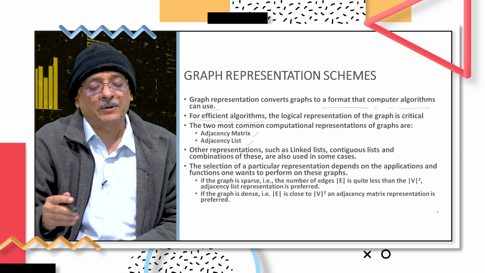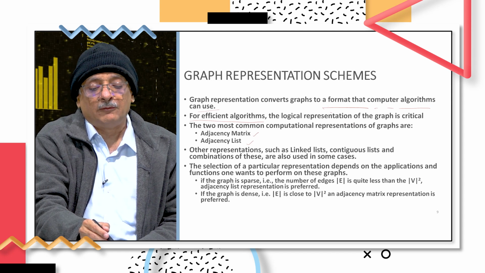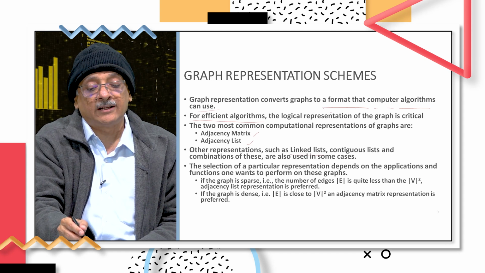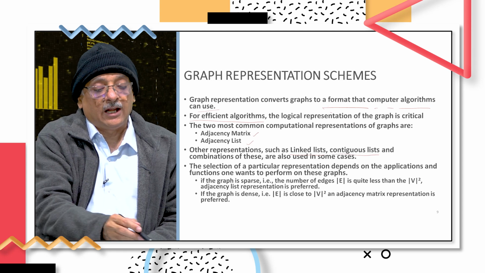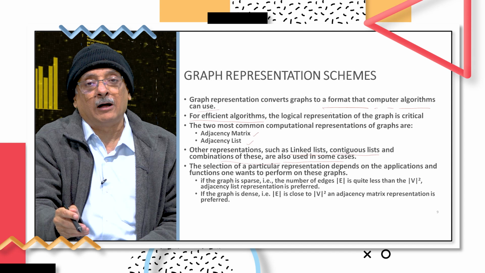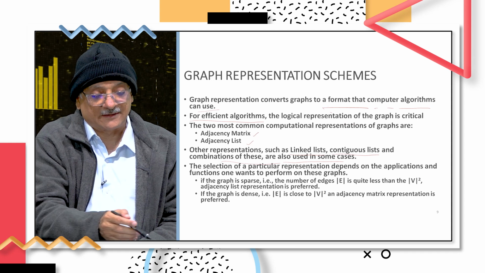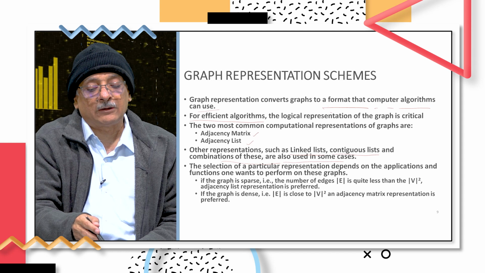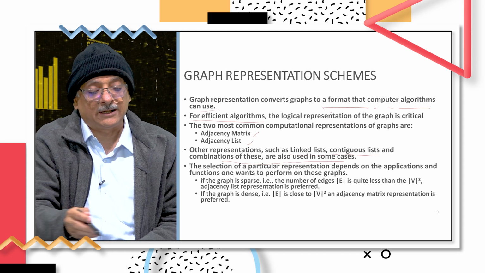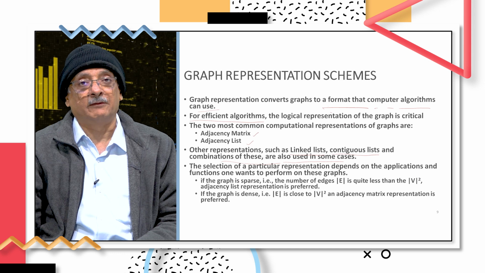There are other representations also, which include linked list, contiguous list, and combinations of these lists. However, they are used on a case to case basis. The selection of a particular representation depends on the applications and the functions one wants to perform on those graphs.